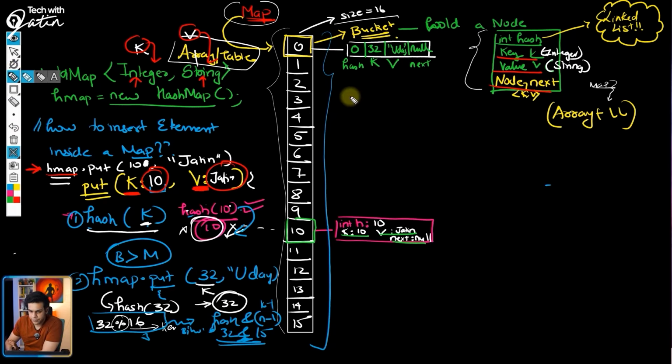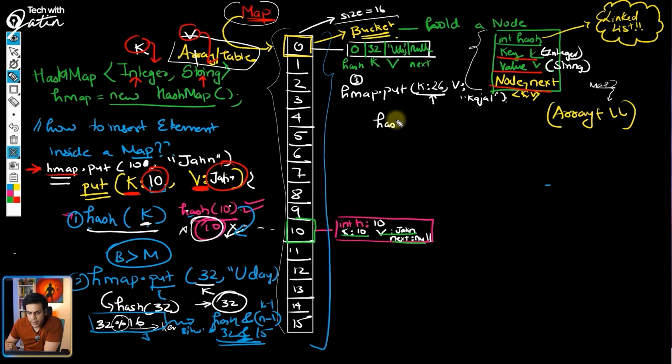Observe carefully. I'm going to say HMap.put. This is the third entry that we are trying to do. Let's say the key is going to be 26 and the value is going to be, let's say, Kajal.